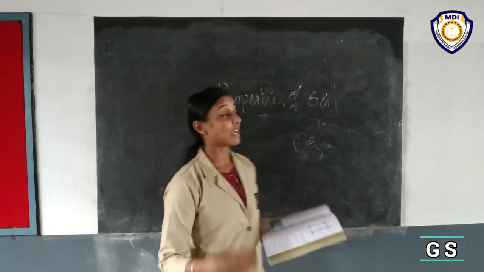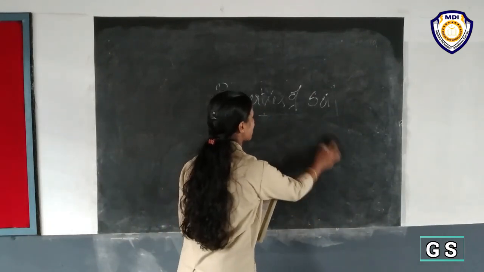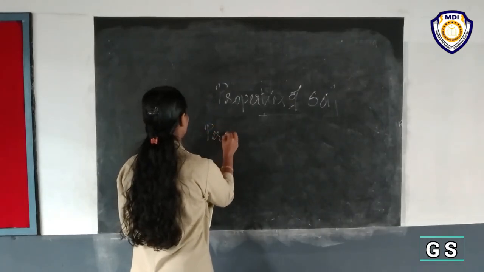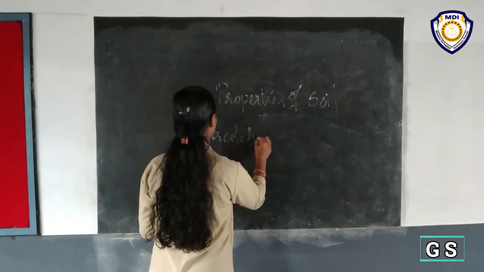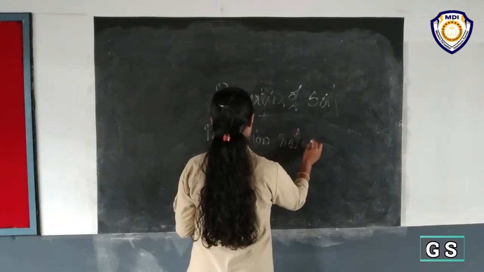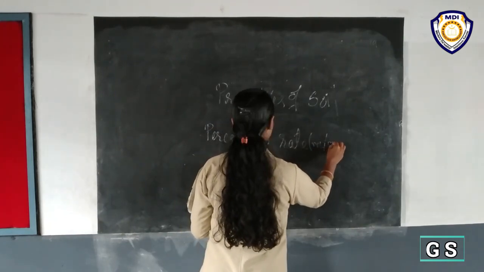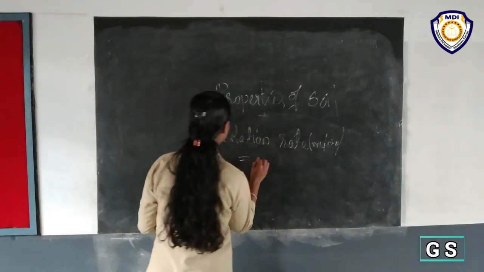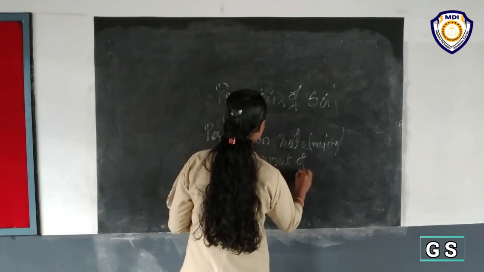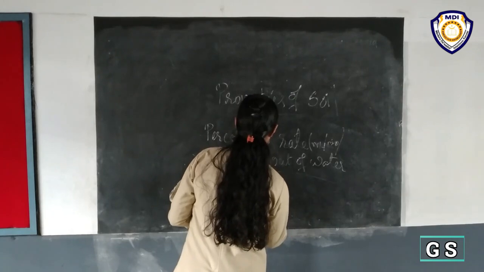So we have a formula to calculate the percolation rate. Okay, so what is the formula? That is, percolation rate, which is in milliliter per minute, is equal to the amount of water divided by percolation time.